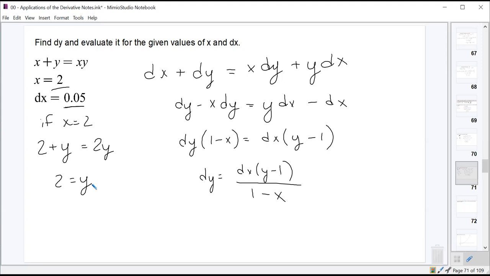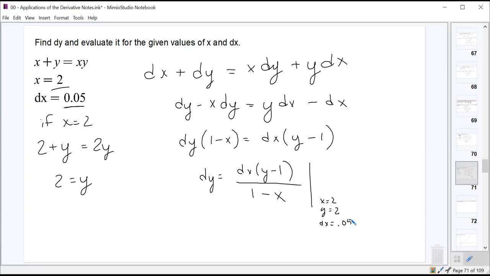And so if y is 2, we now have all the things that we need to plug in to find out what dy is. So we evaluate this when x is 2 and y is 2, and dx is 0.05.